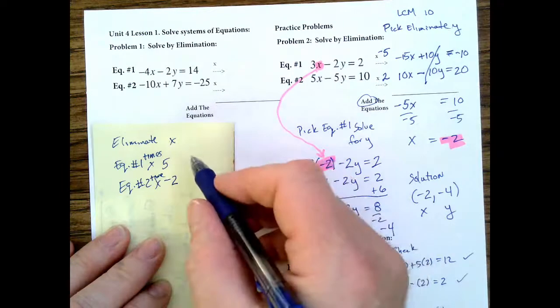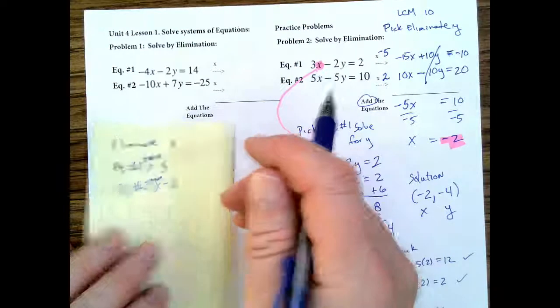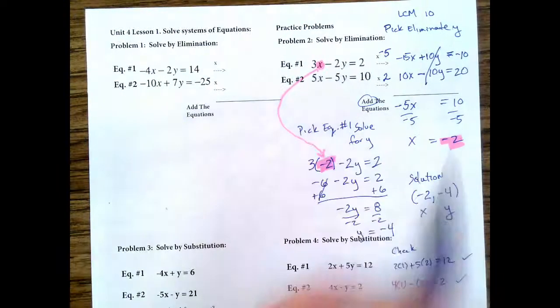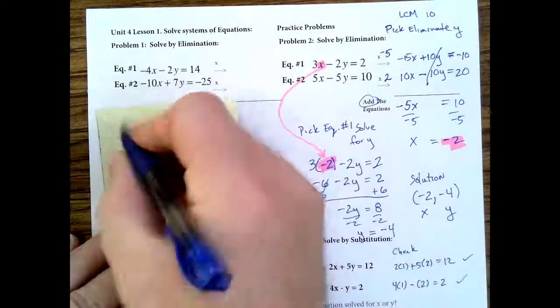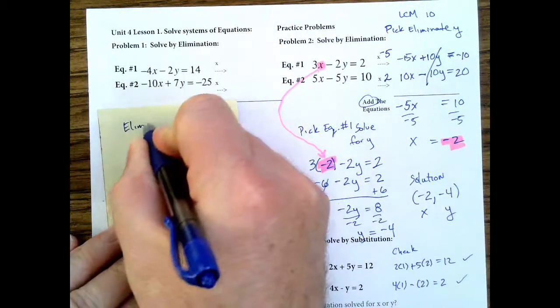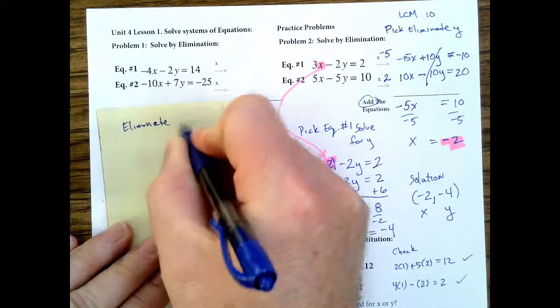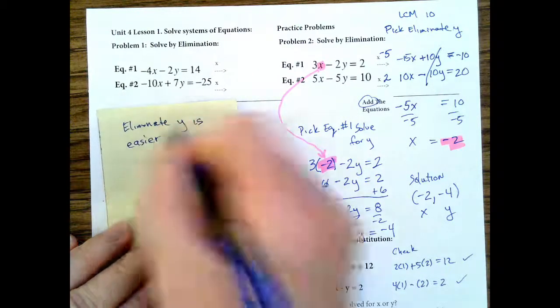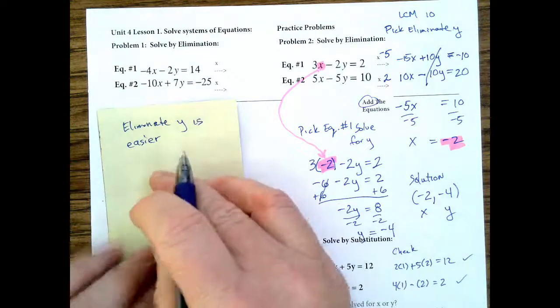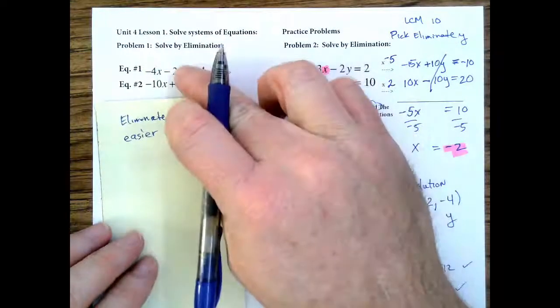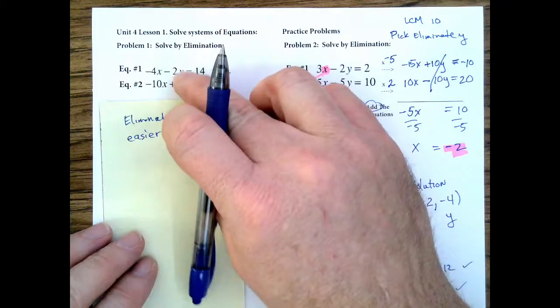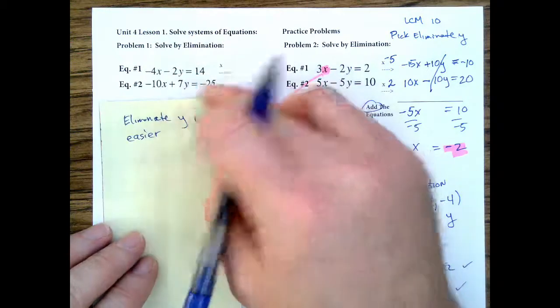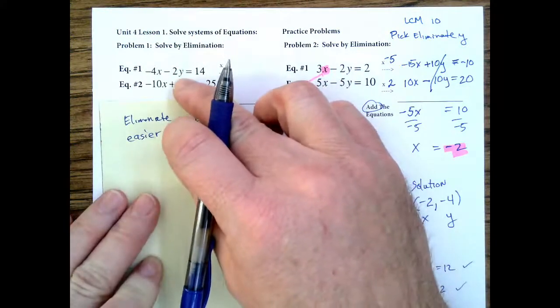That is harder than eliminating y. So eliminating y is easier, and the reason is what? Think about it. You wanted the signs to be opposite. Well, they're already opposite, and the LCM is a little easier to get to.